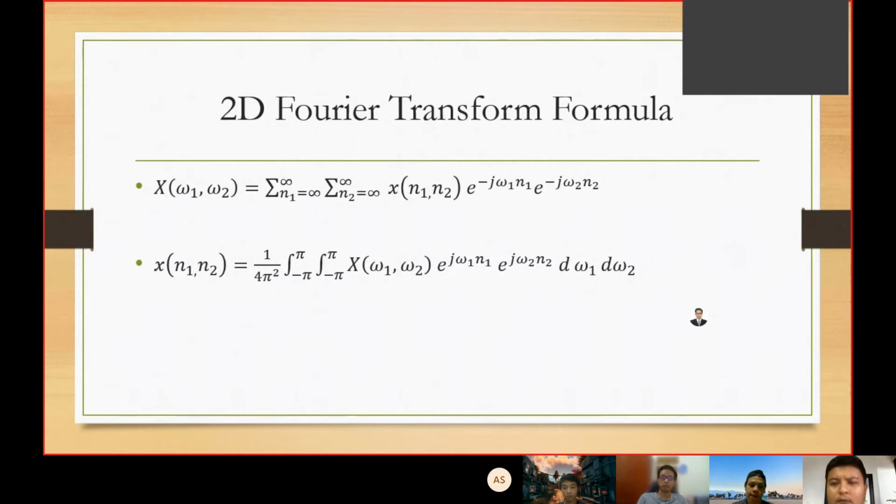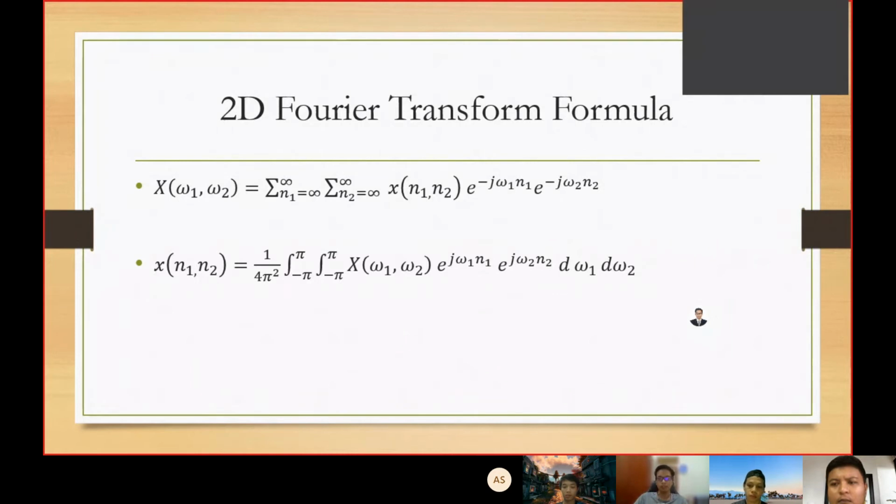2) equal to the sum over n1 equal to negative infinity to infinity, n2 equal to negative infinity to infinity, of x(n1, n2) e to the power of negative j omega 1 n1 times e to the power of negative j omega 2 n2. So the other formula is used if you want to know the image of the space.